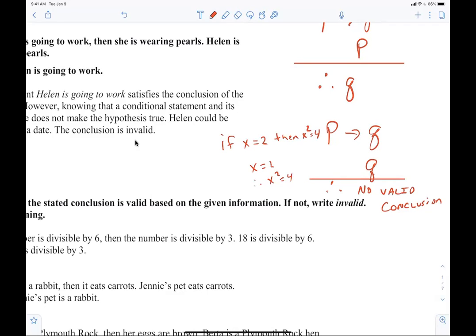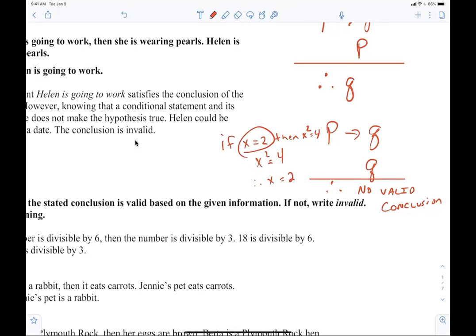So again, it has to be in that exact order in order for the conclusion to hold true. If I said down here, X squared equals 4, then can I conclude X equals 2?